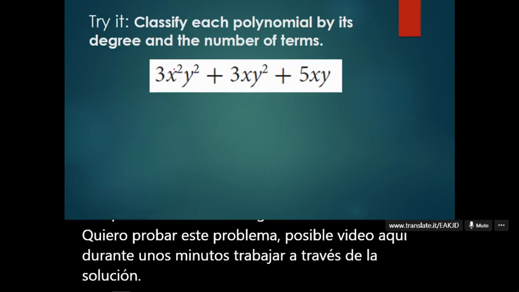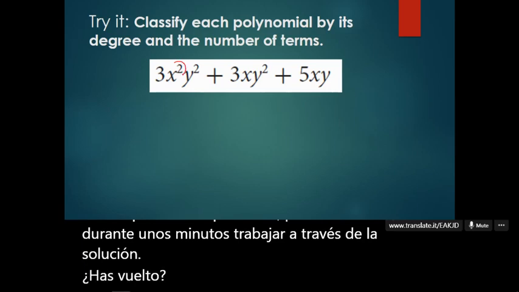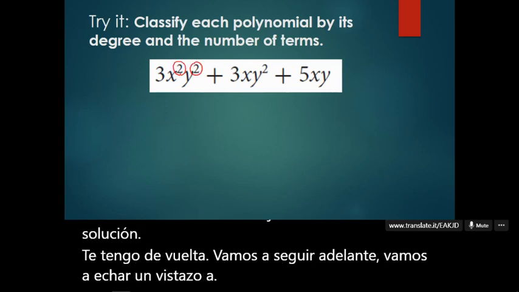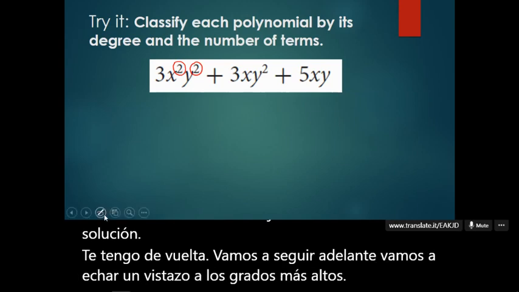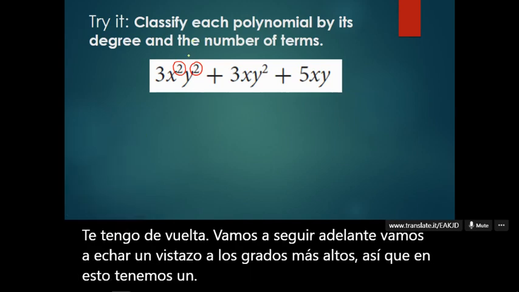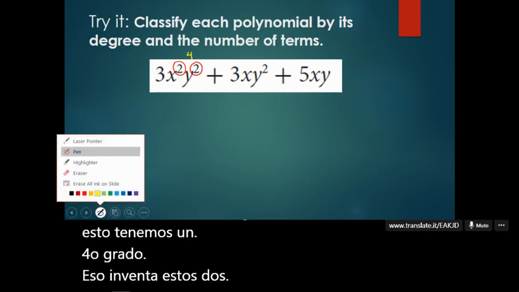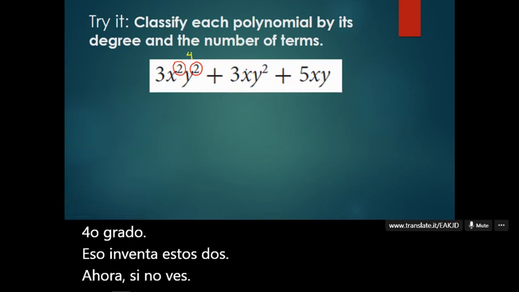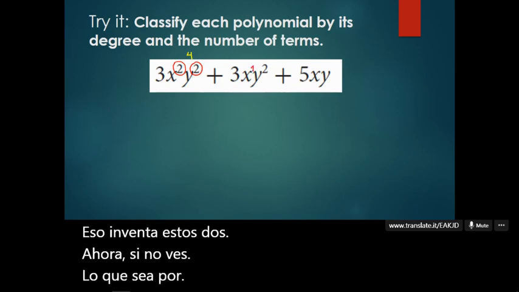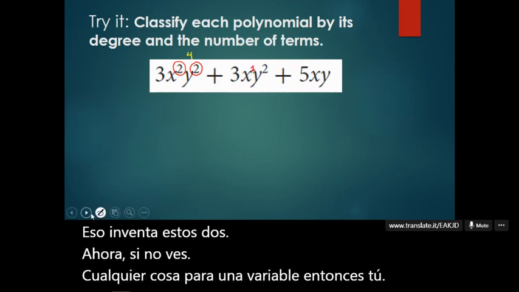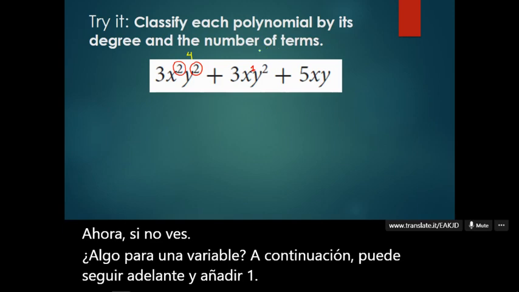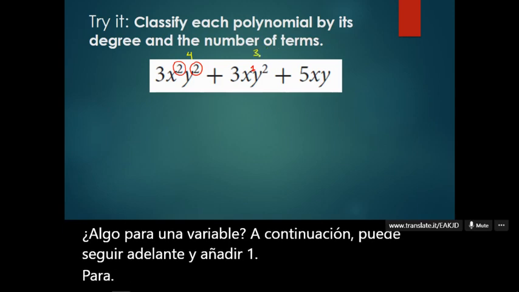All right, if you're back, we're moving on. We're going to take a look at the highest degrees. So in this, we have a 4th degree that makes up these two. Now, if you don't see anything for a variable, then you can go ahead and add a 1. So that would make this a 3rd degree.